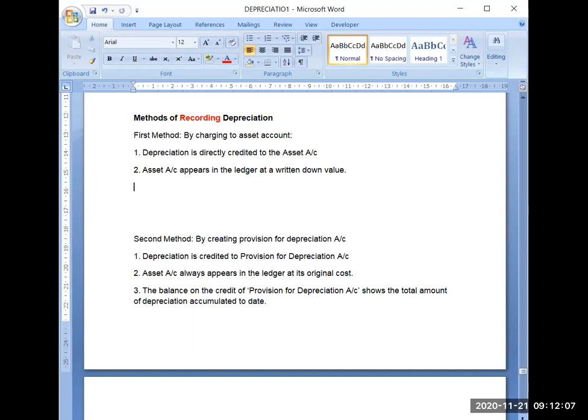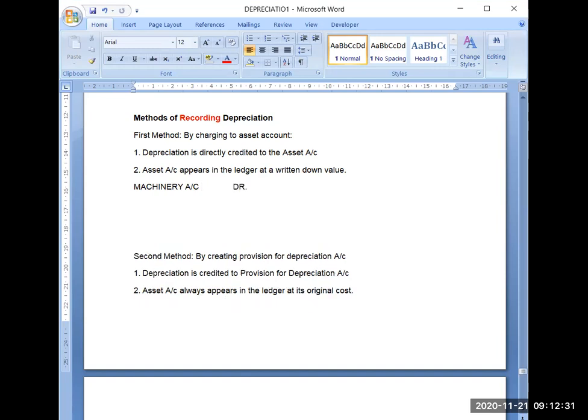When we are purchasing any asset, the entry will be bank account debit. Sorry, machinery account debit, or any asset account debit. Let's suppose machinery account debit, to bank account.